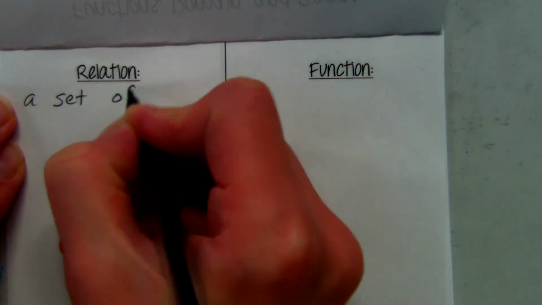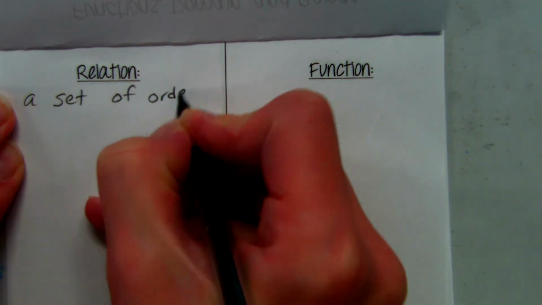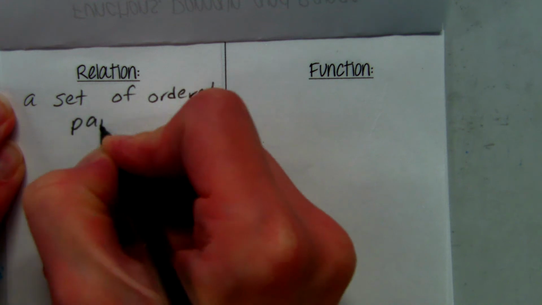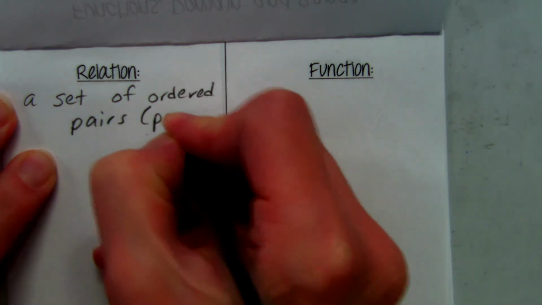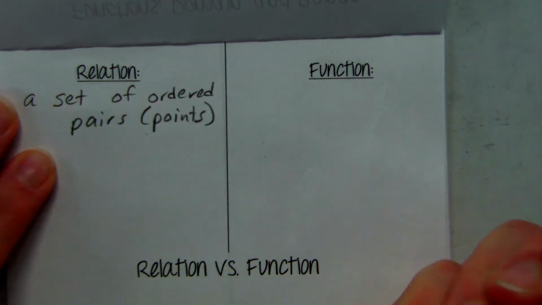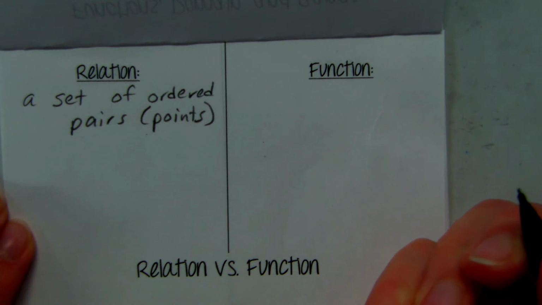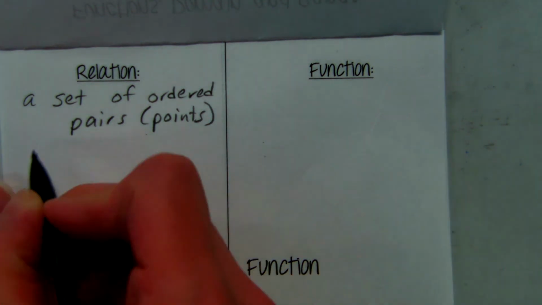Okay, so first we're going to look at the difference between a relation and a function. So a relation is a set of ordered pairs, which basically we usually think of as being points. They can be given to you in a list.